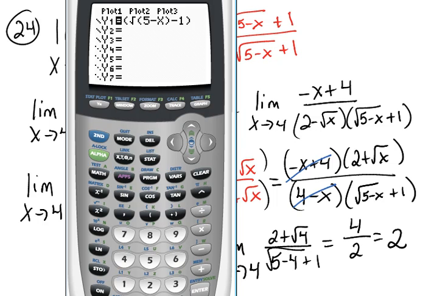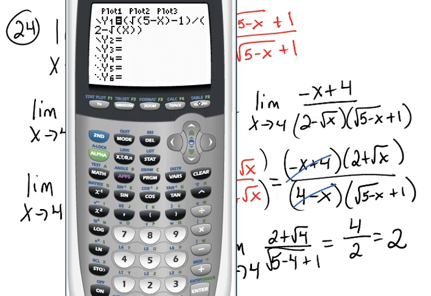Notice I have to close the parenthesis in the numerator. I'm going to divide that by 2 minus the square root of x, in parentheses also, so I have to close my square root parenthesis and my denominator parenthesis.